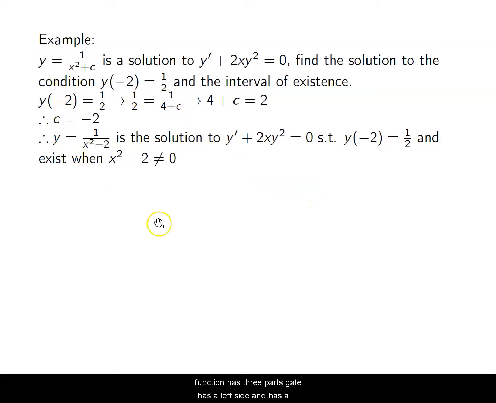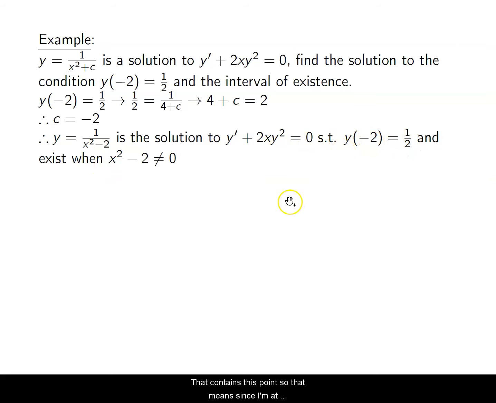It has a left side, a middle part between -√2 and √2, and a part after √2, because it has 2 vertical asymptotes, right? So it has 3 parts, and I need to choose for my interval of existence the portion that contains this point.